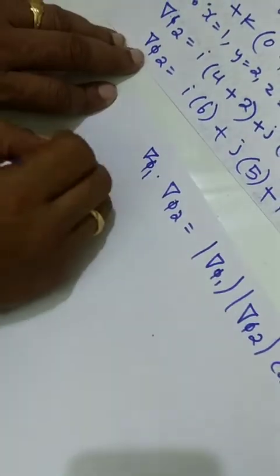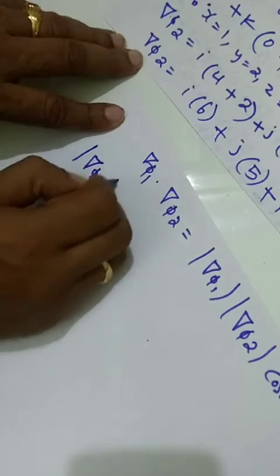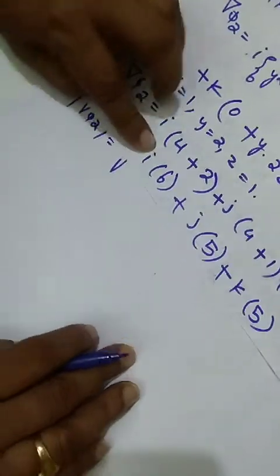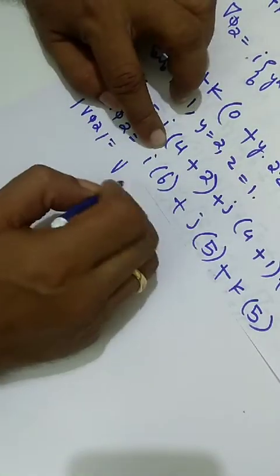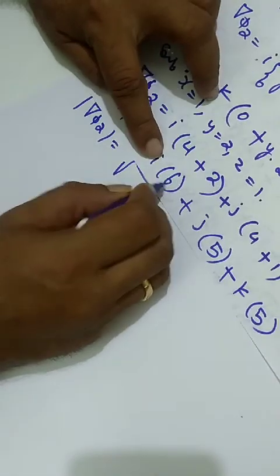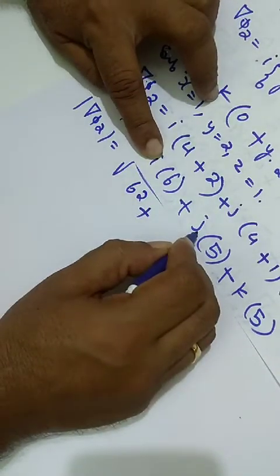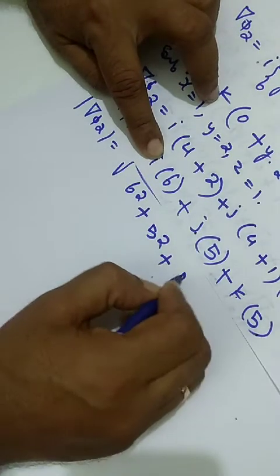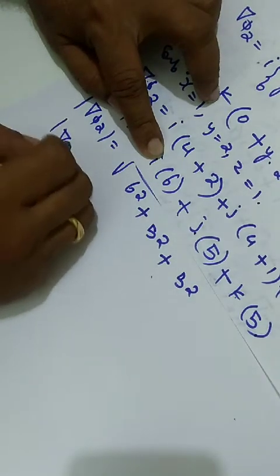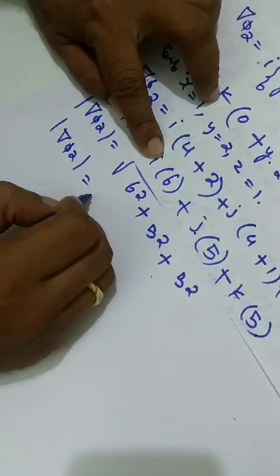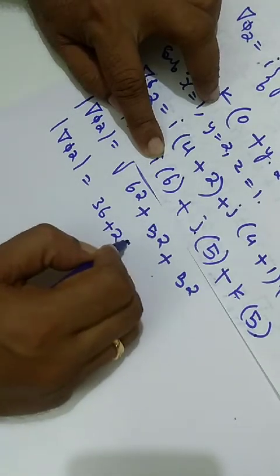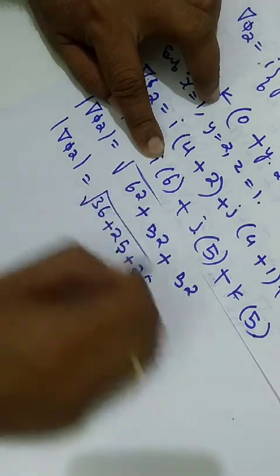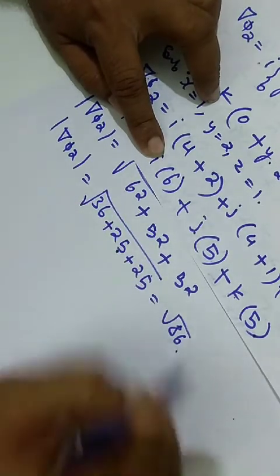So let us find the absolute value of del phi 2. It is the square root of the coefficient of i, 6 squared, coefficient of j, 5 squared, coefficient of k, 5 squared. So that is 36 plus 25 plus 25, which is 86, root 86.